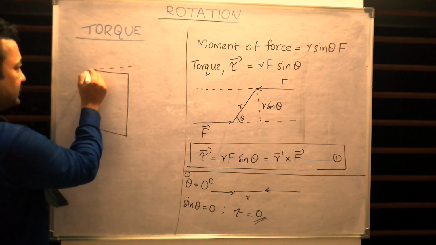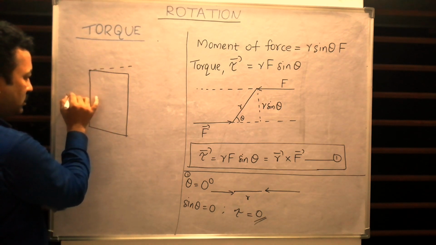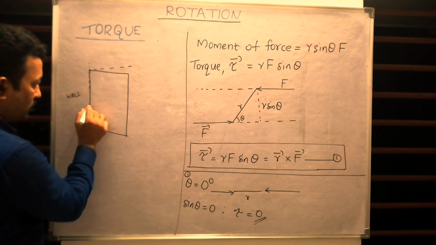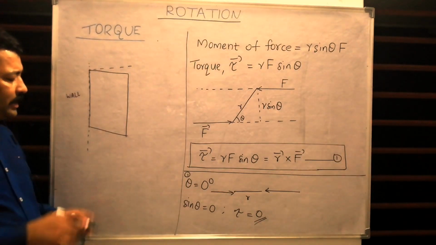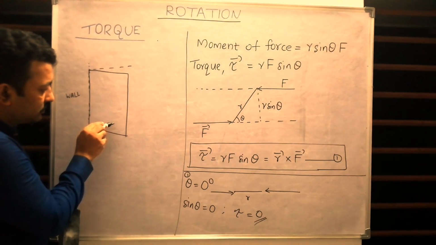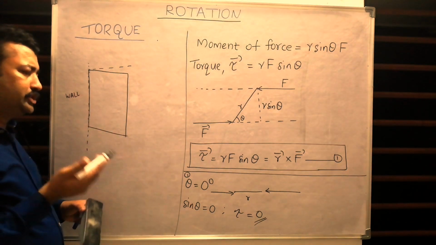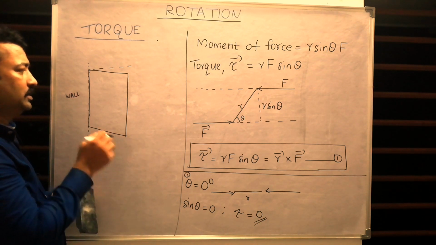We can say this point is hinged onto the wall. Now suppose I apply a force on this body, or I push the door like this. I can push it in any manner. I can push it perpendicularly, or at a particular angle.